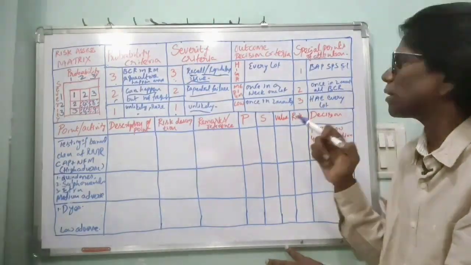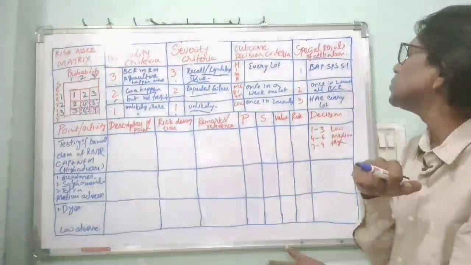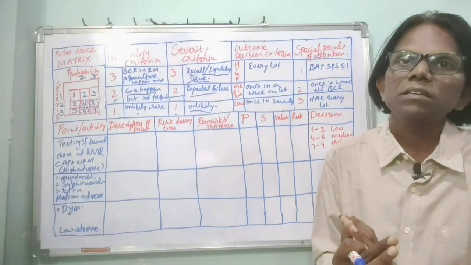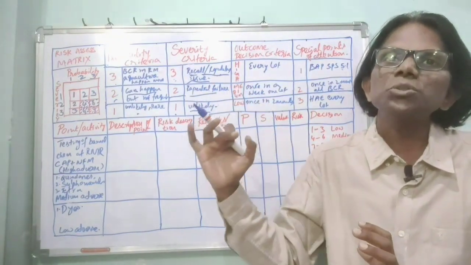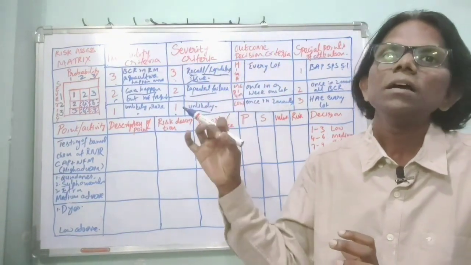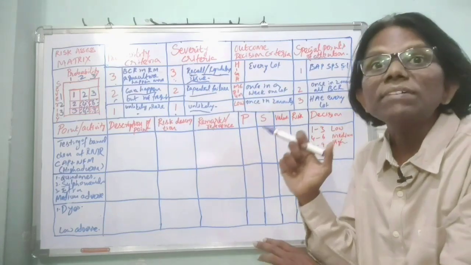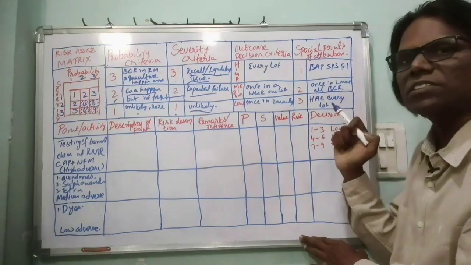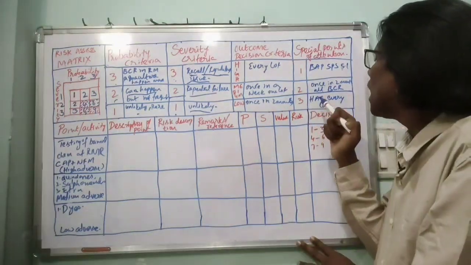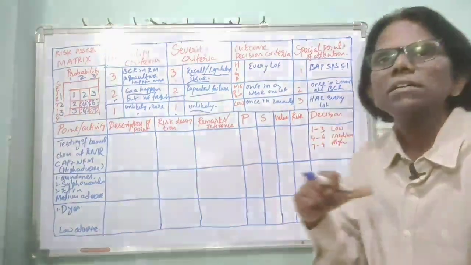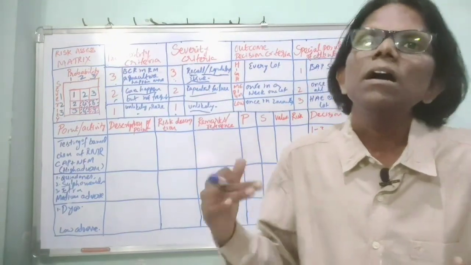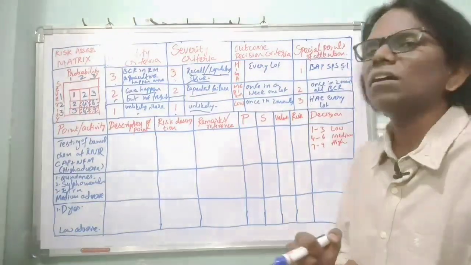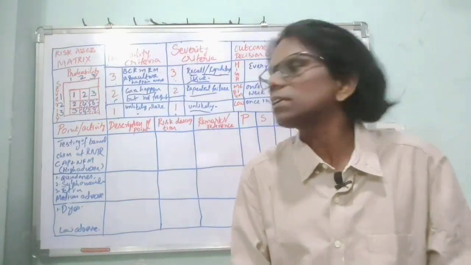All the parameters should be covered. And point number 2: at least once in 2 months, all the parameters, all the banned chemical residues in aquaculture shrimps as per the BAP SPS standard should be covered. And point number 3: if the banned chemicals will pose a high adverse effect, it should be tested every lot. These are the special points of attention.